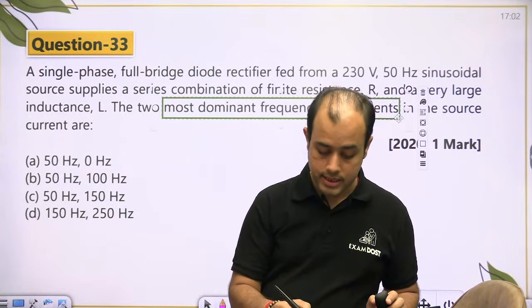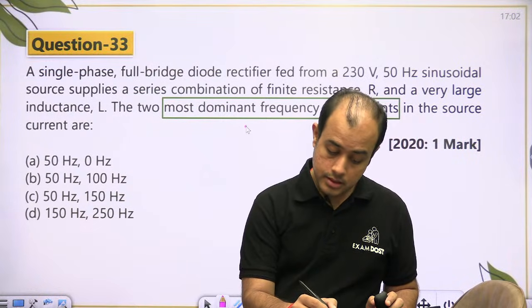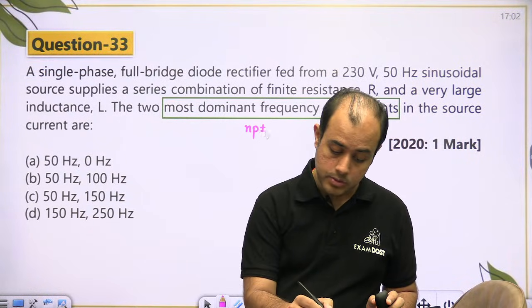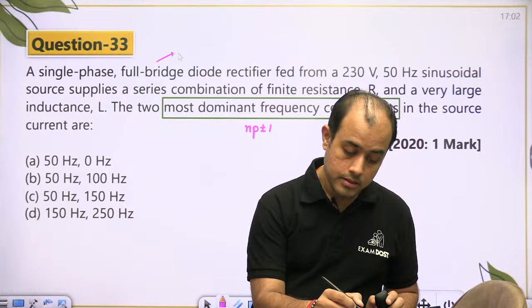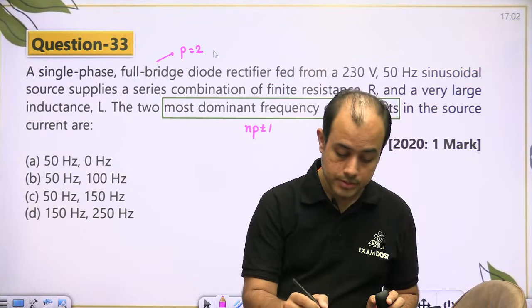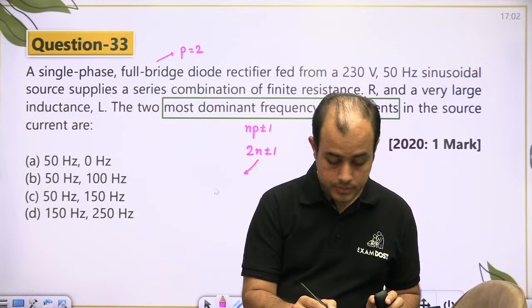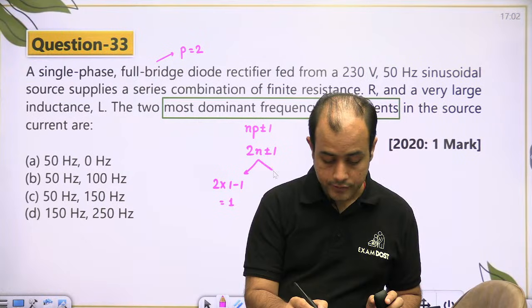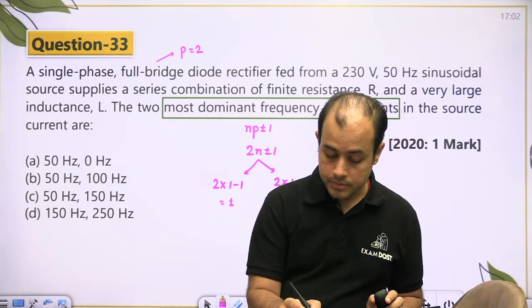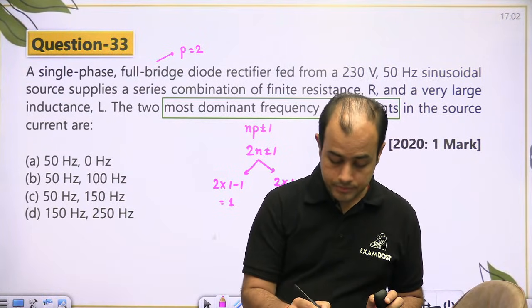Dominant frequency component. Now you know N P plus minus 1. Single phase full bridge. So 1 is the fundamental. 3.